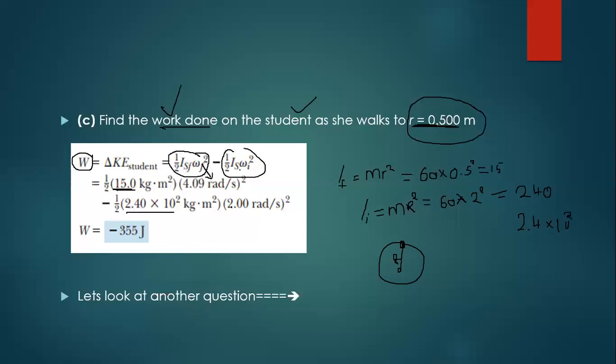And then the angular speed initial was 2 radians per second, so we are squaring the angular speed. When we subtract kinetic energy final minus kinetic energy initial, we find this. So there was negative work done on the student, and the value we have found is negative 355.